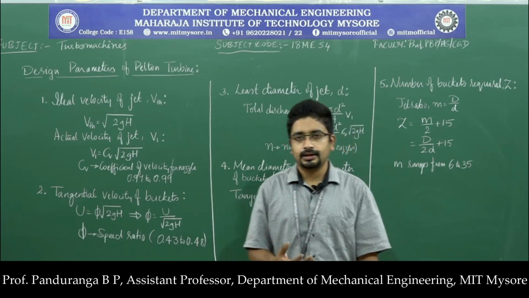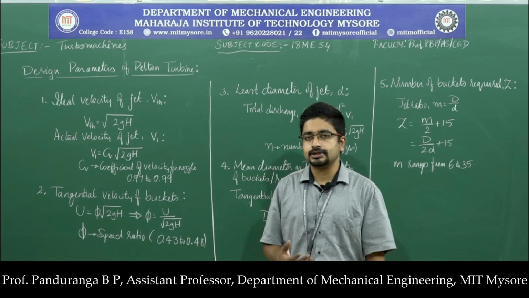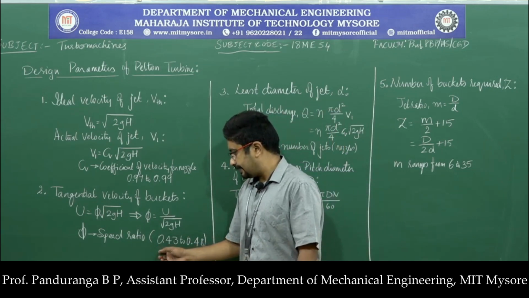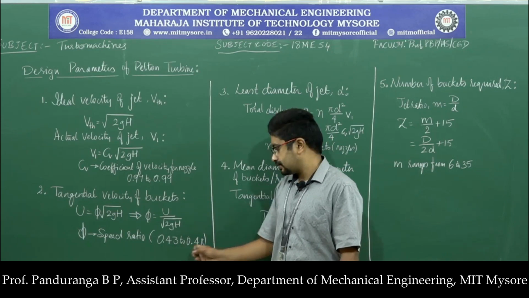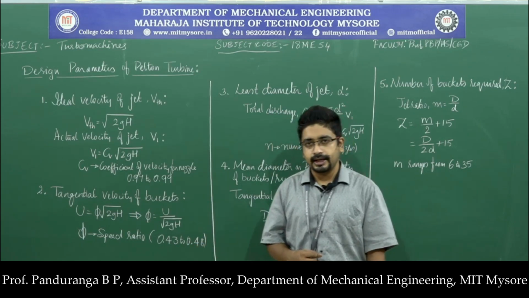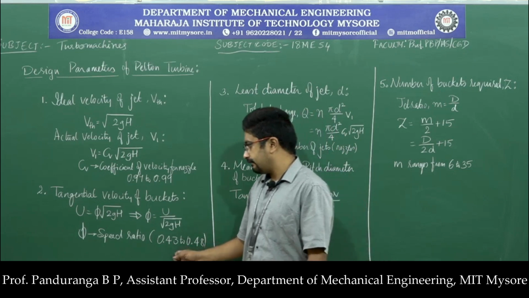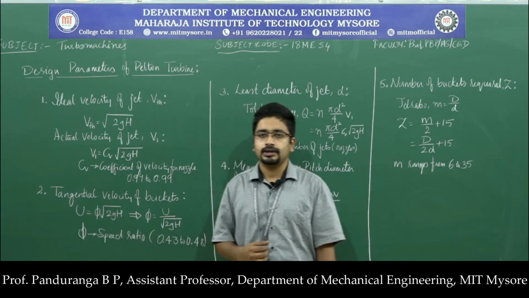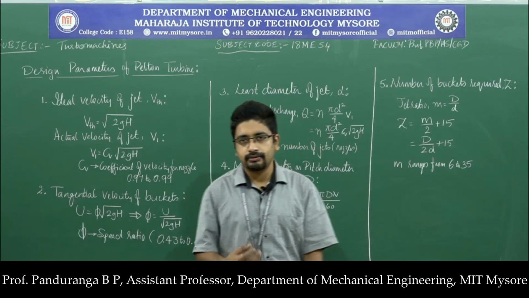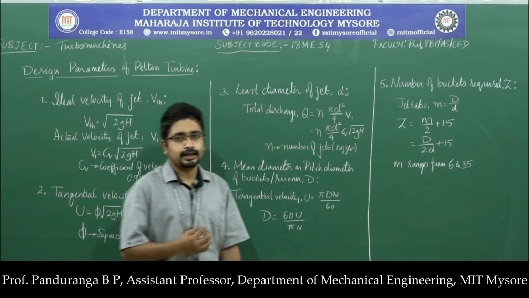But due to practical reasons we cannot maintain 0.5, so we keep it very close to 0.5. So it will be in the range of 0.43 to 0.48, and this will be given. If you know this and the head, then you can easily find out the tangential speed required for optimum energy production.